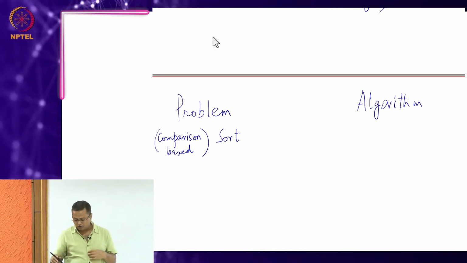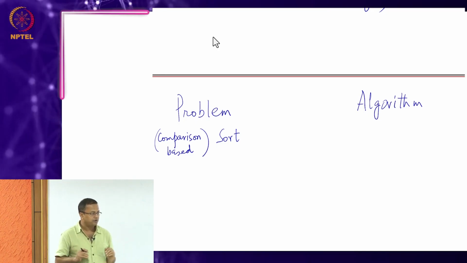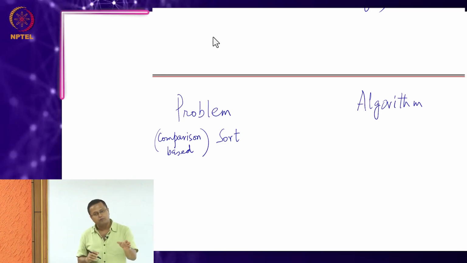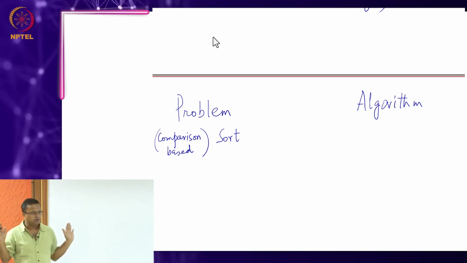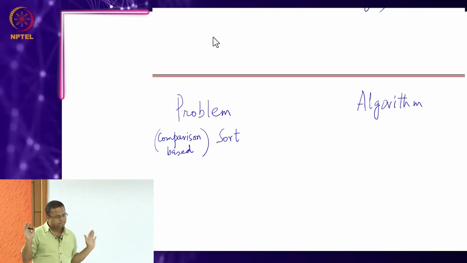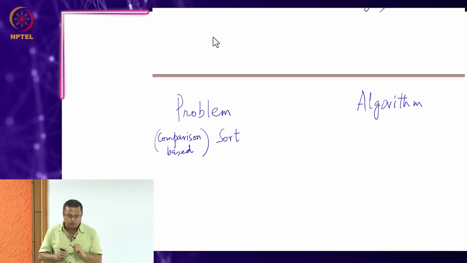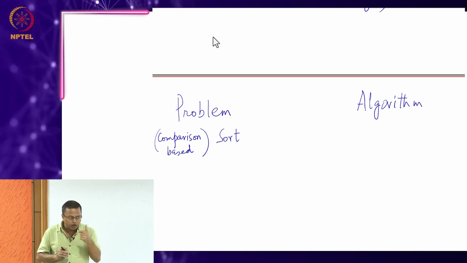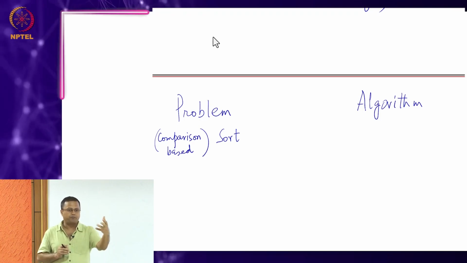That is the reason your number of swaps never exceeds your number of comparisons. So, you measure the number of comparisons asymptotically and you think you are done. Now, coming back to this, I need to model a machine which has the power to compare.